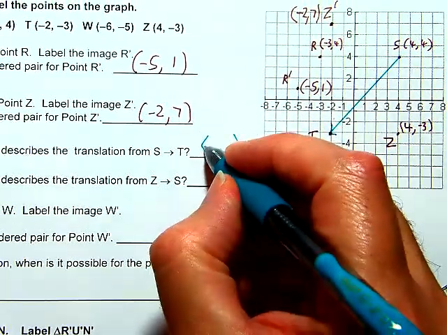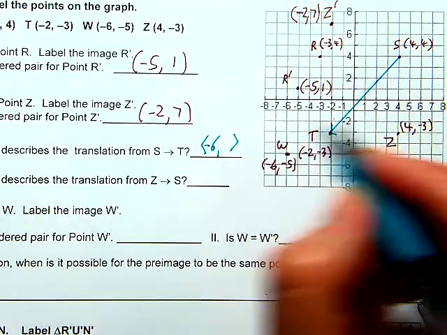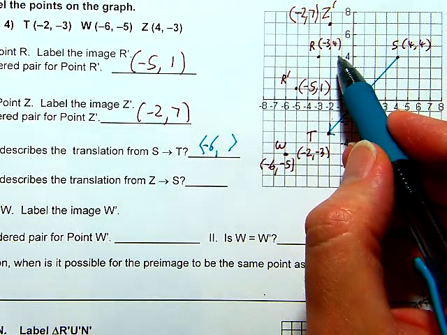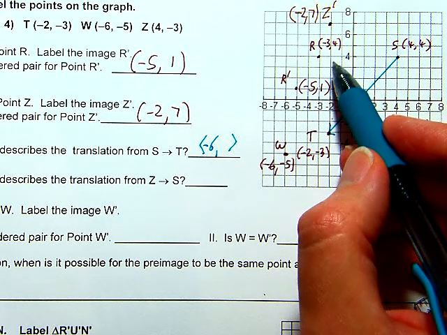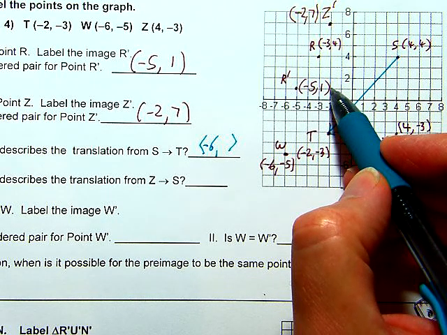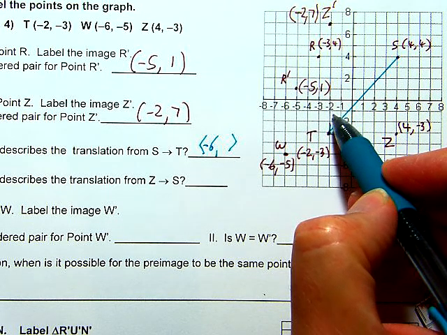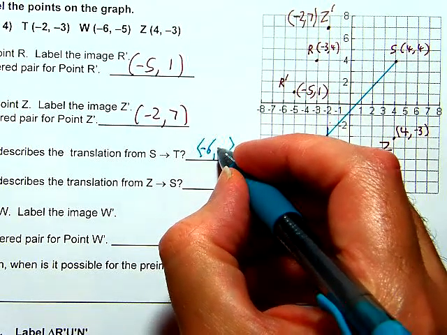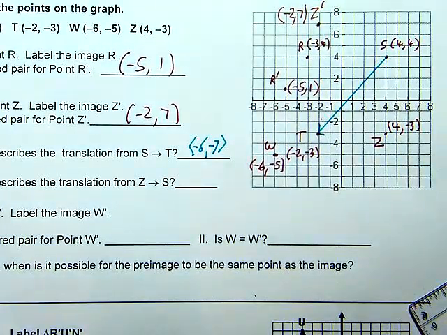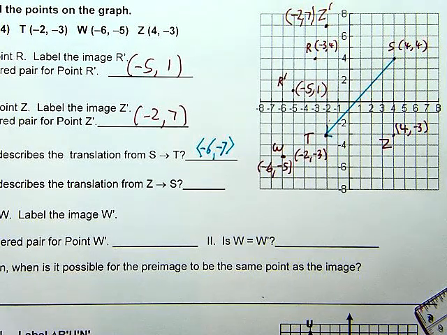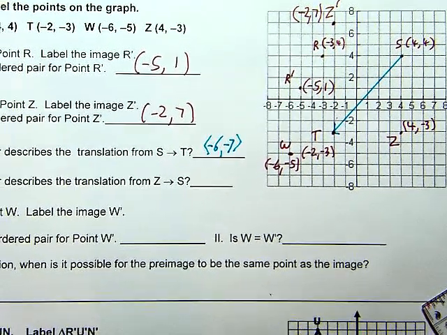That would be -6. And then we have to go down from there, in the negative y direction. We have to move 1, 2, 3, 4, 5, 6, 7, so -7. Okay, so that is our vector. It's <-6, -7>.